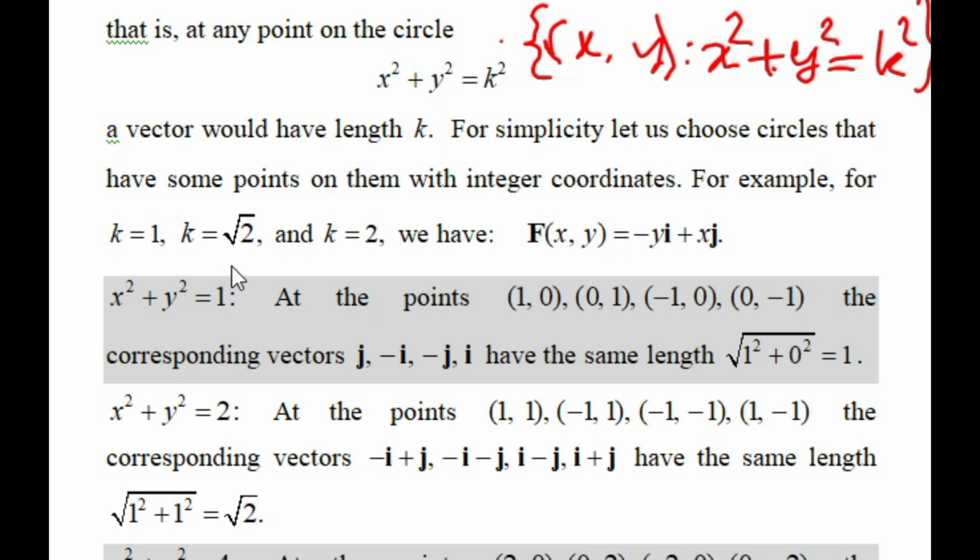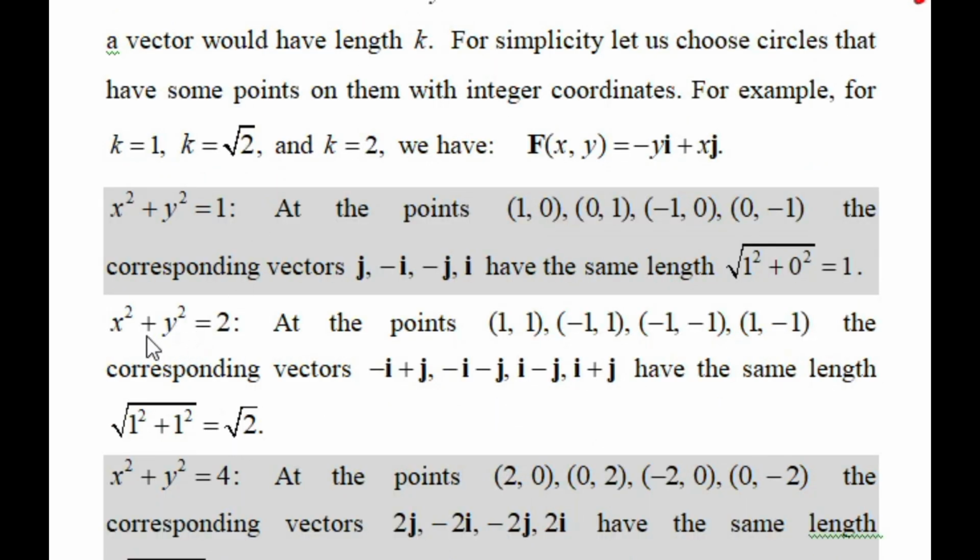Now we consider k equal to root 2. Putting k equal to root 2 means we get x square plus y square is equal to 2, and this is a circle having radius root 2. We list some points on this circle. You can see that (1, 1) is a point on this circle because 1 square plus 1 square is 2.